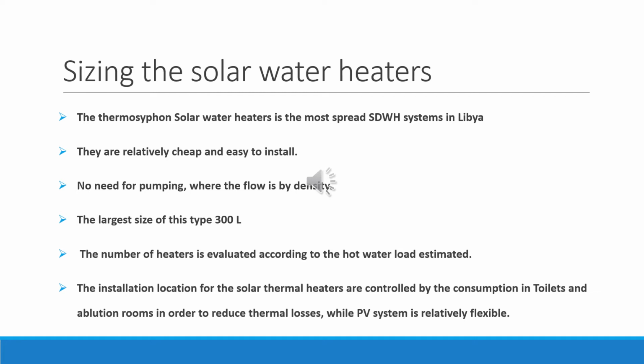However, the installation location is restricted by the consuming place. It should be installed at the top of the consuming place, in this case the shower rooms, because we don't want to lose a lot of heat through the piping system. In contrast, PV systems are relatively more flexible.